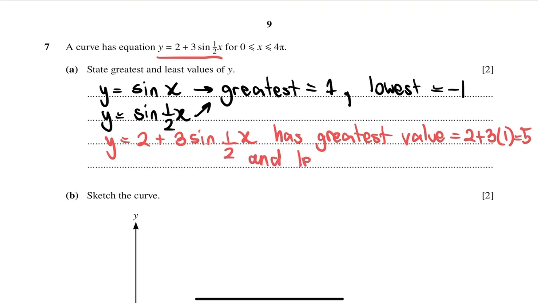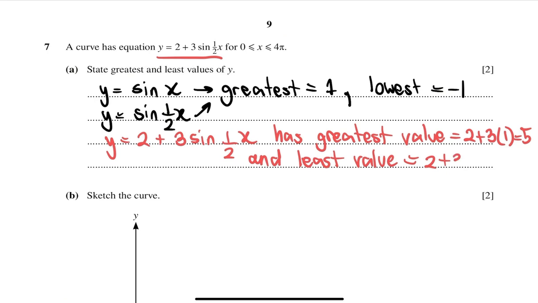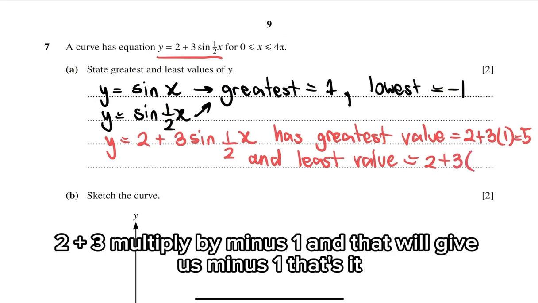And the least value will be equal to 2 plus 3 multiplied by minus 1, and that will give us minus 1. That's it.